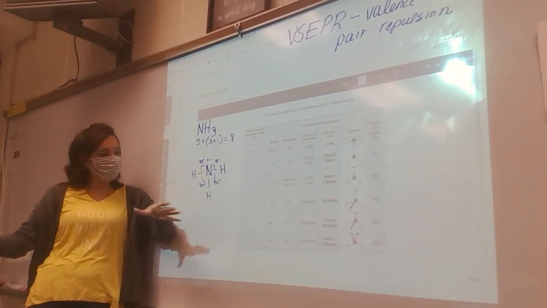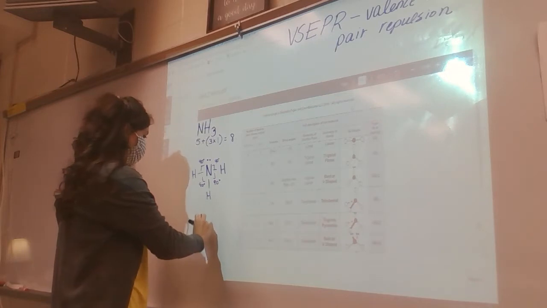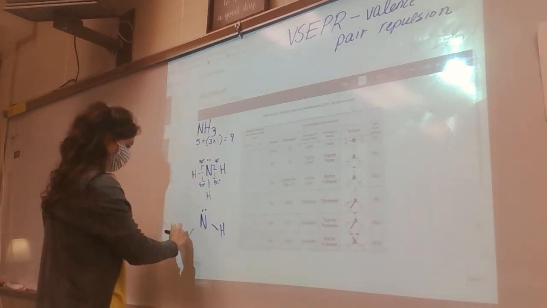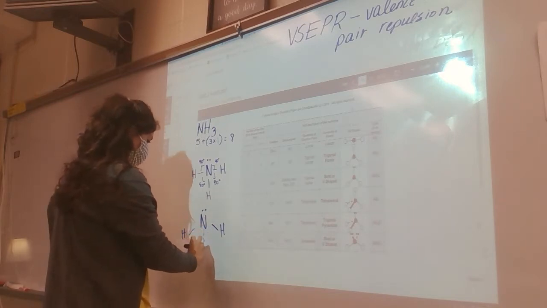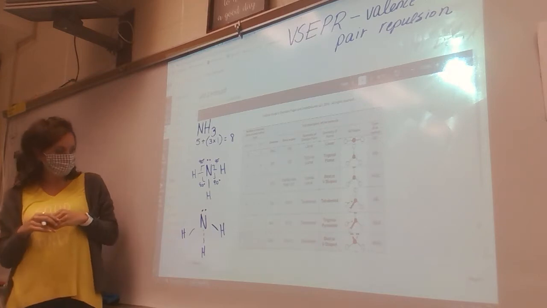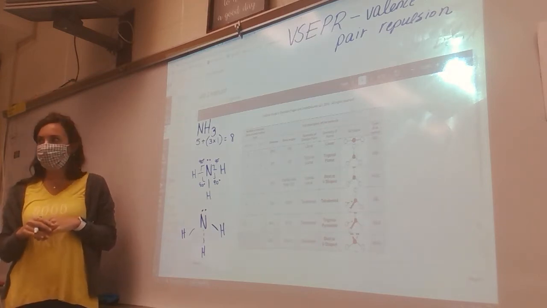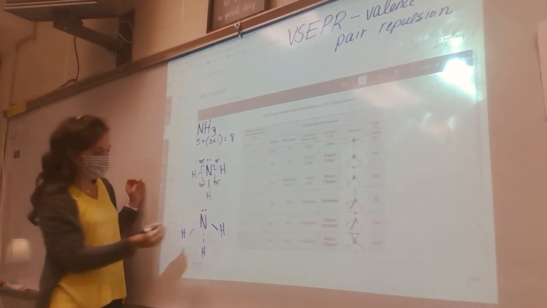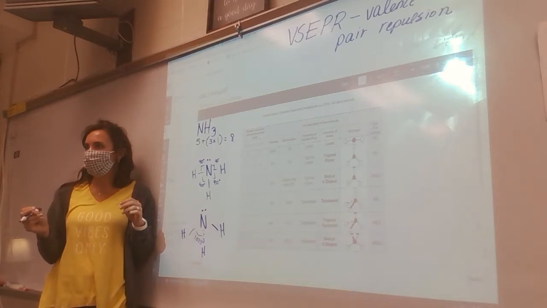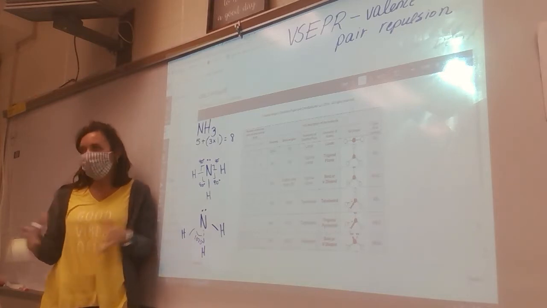That's what electrons do. And you actually wind up with something that looks more like this, with one of them going into the board in a three-dimensional space. And our bond angle is now bigger. It's 107.5 instead of 90. The electrons are farther apart.